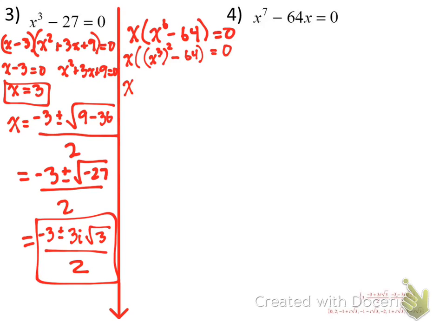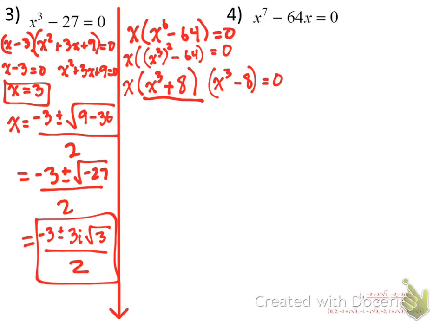So it's like x times the quantity x cubed plus 8, and x cubed minus 8. Okay? Which is all equal to 0. Continuing on. What are these now called?